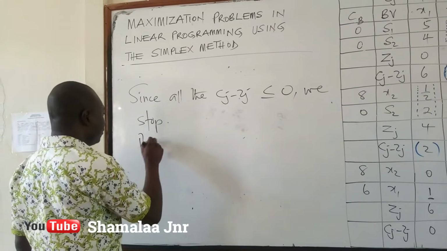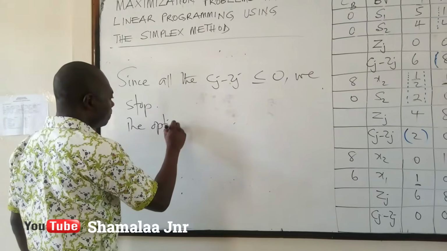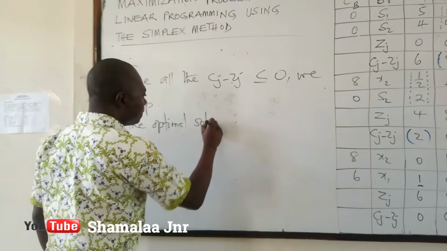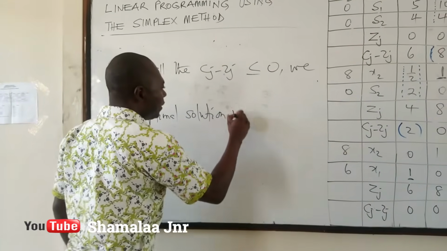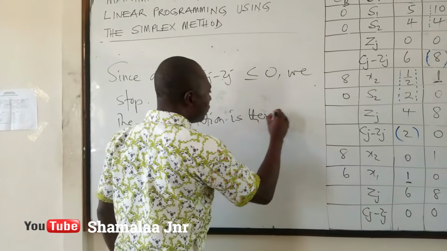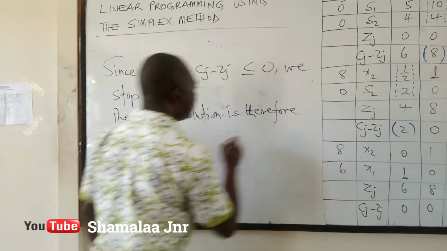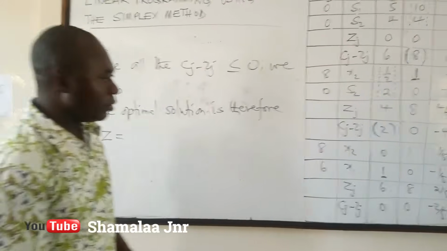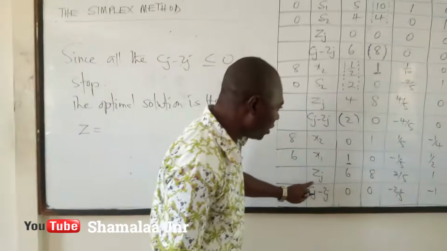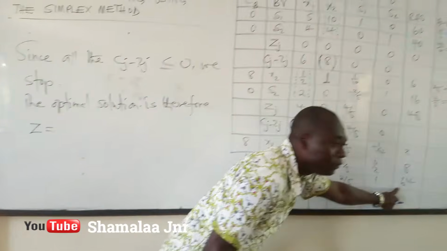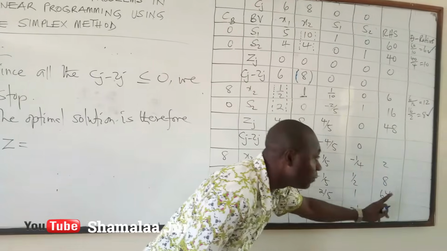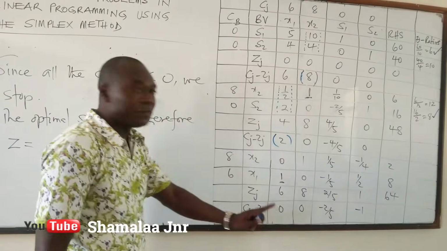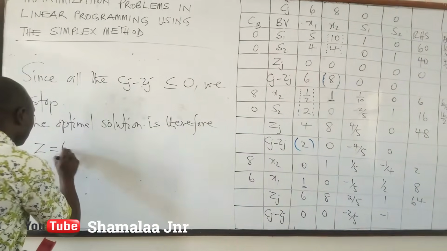The optimal solution is therefore Z equal to, now look on the board. You come here, the Zj, this is the final Zj value, 64. So this is the optimal objective function value, 64.